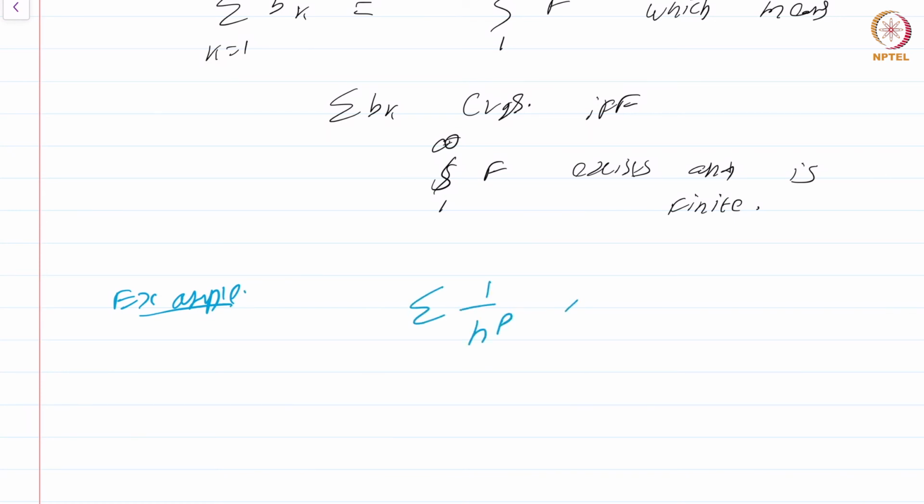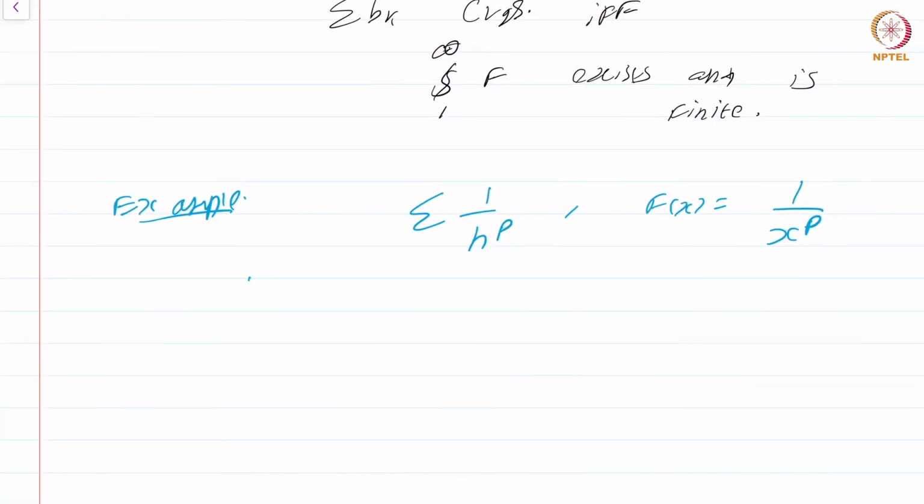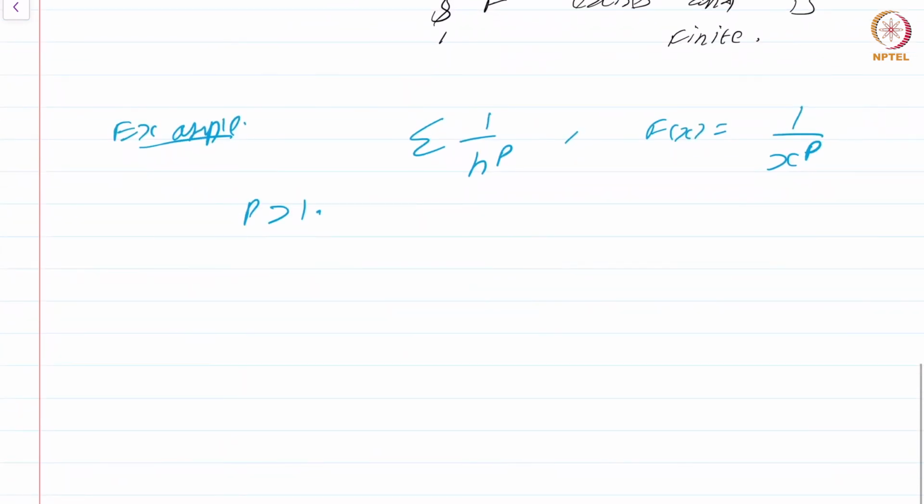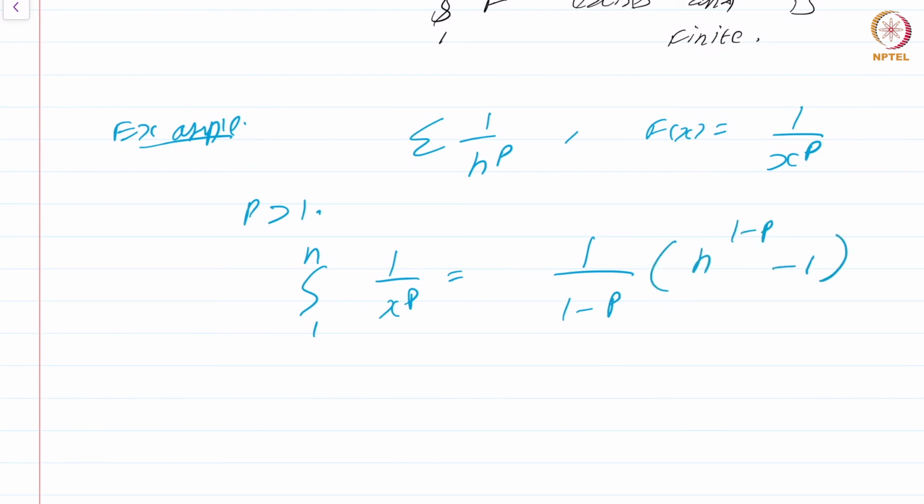Now choose f of x equal to 1 by x power p, and let's first take p greater than 1 and see what happens. Then the integral from 1 to n of 1 by x power p is nothing but 1 by (1 minus p) times n power (1 minus p) minus 1.